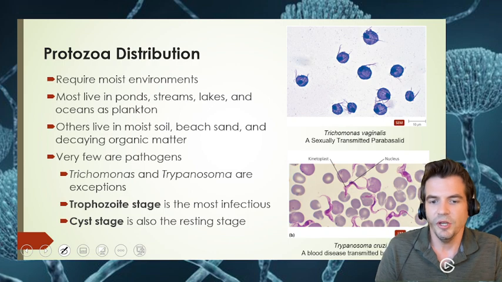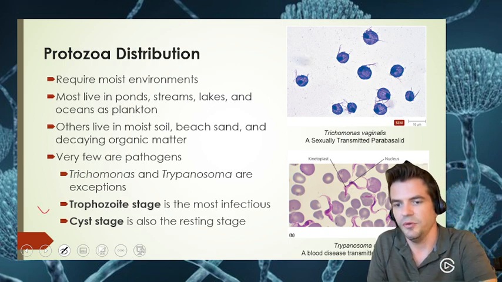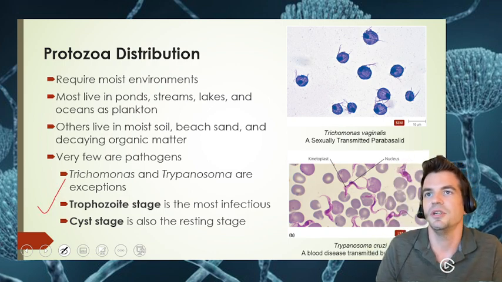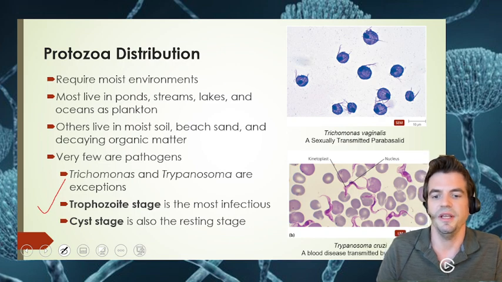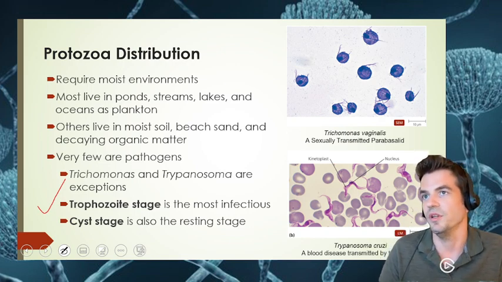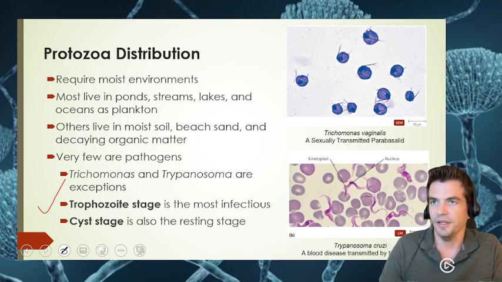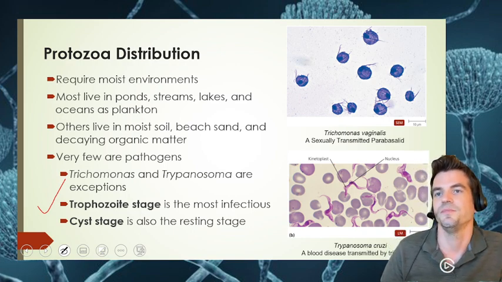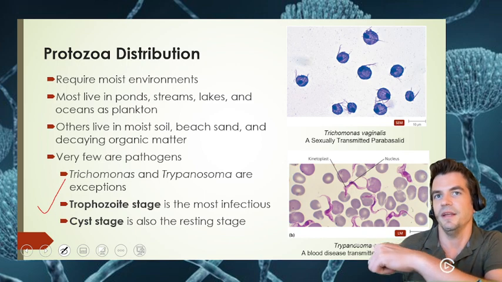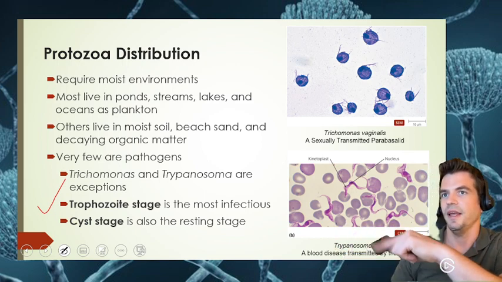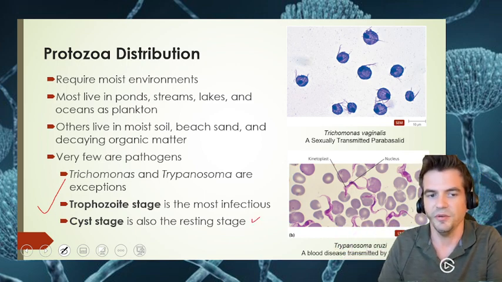One thing to note, though, is that the trophozoite stage is the most infectious stage of a protozoa. So if you're going to get sick from one of these, you most likely caught it in the trophozoite stage. Okay, and then we also see that the cyst stage is known as the resting stage.